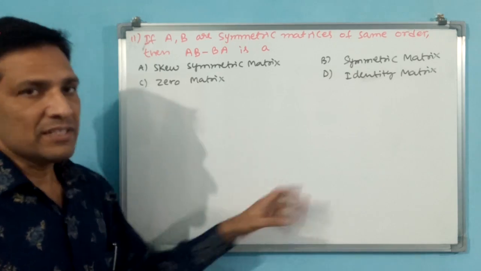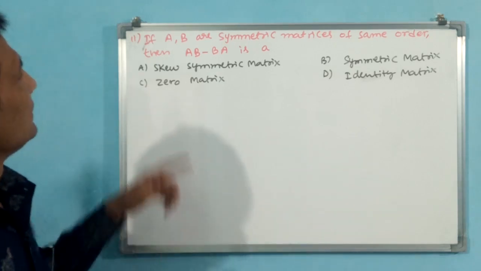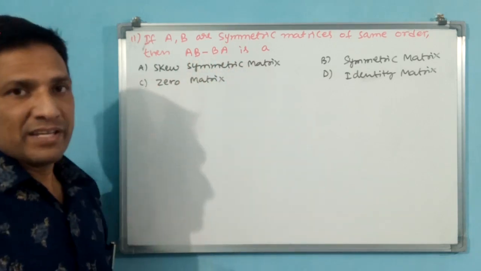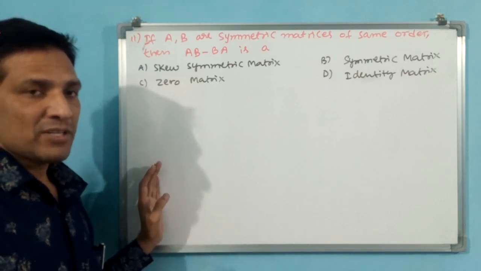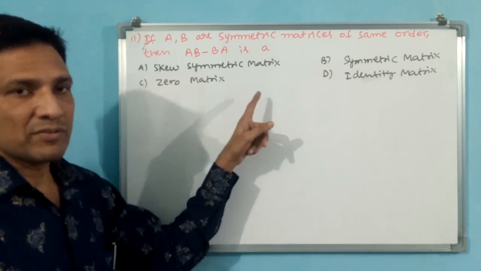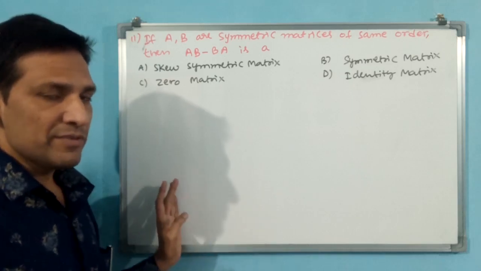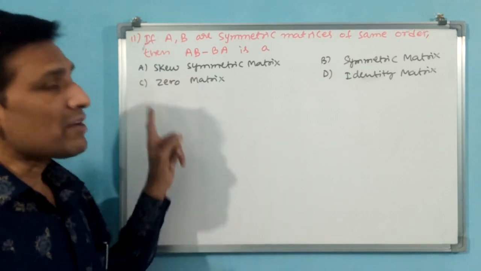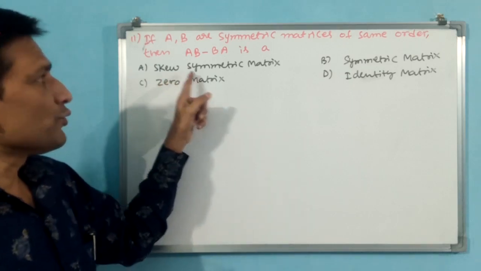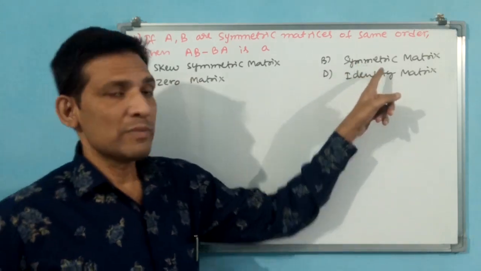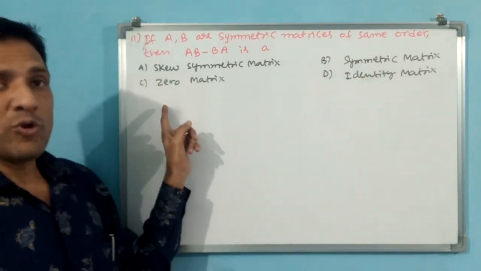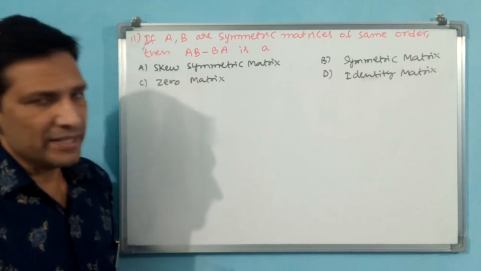If A is 3 by 3, B is also a 3 by 3 matrix. AB minus BA is, see, you are doing the multiplication of A and B and the multiplication of B and A, and subtracting BA from AB. What matrix will come? Is it a skew symmetric matrix, a symmetric matrix, a zero matrix, or an identity matrix?